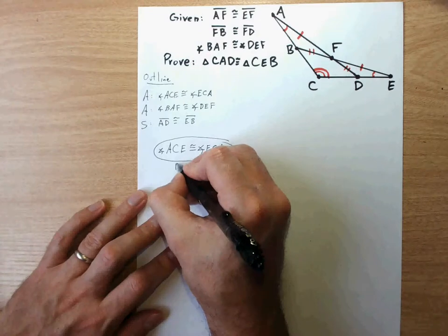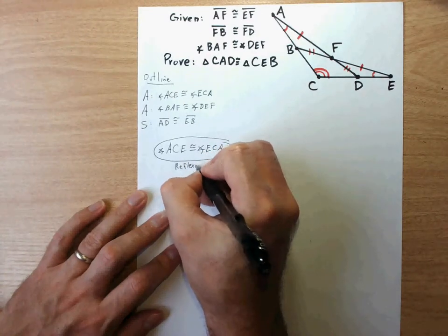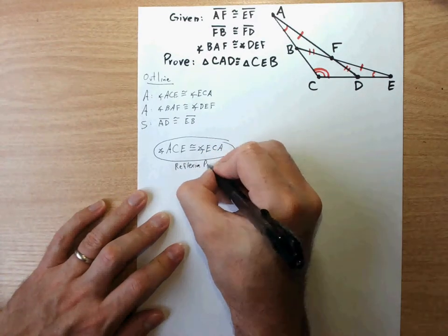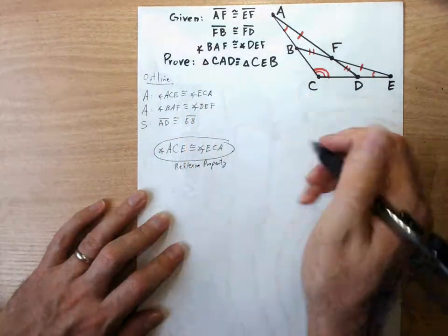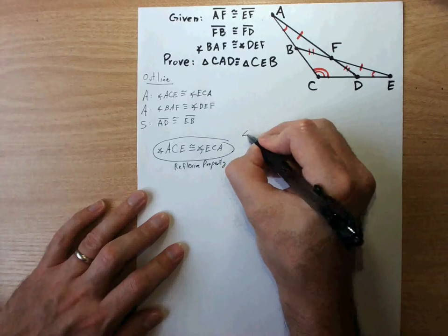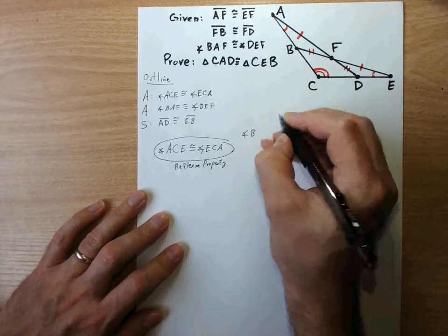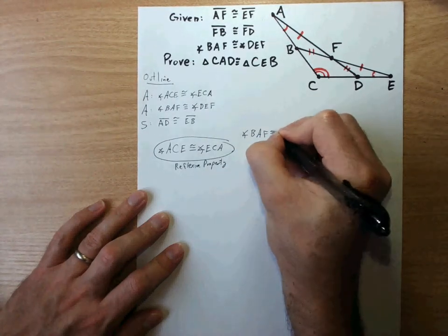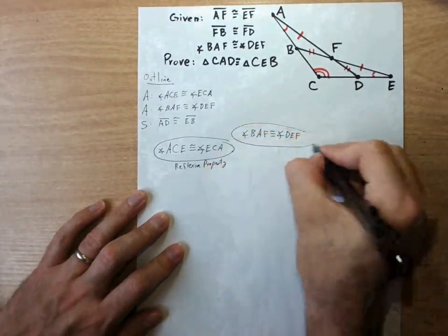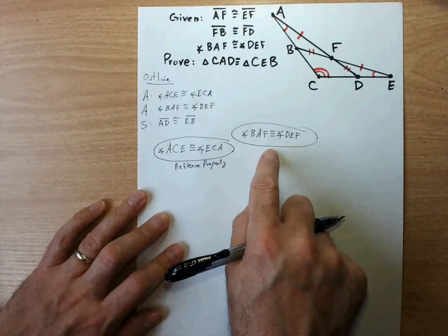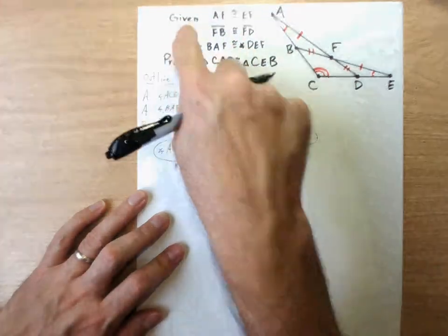Remember what that's called? The reflexive property. Okay, nice. Second thing, we got angle BAF is congruent with angle DEF. And of course, that was given.